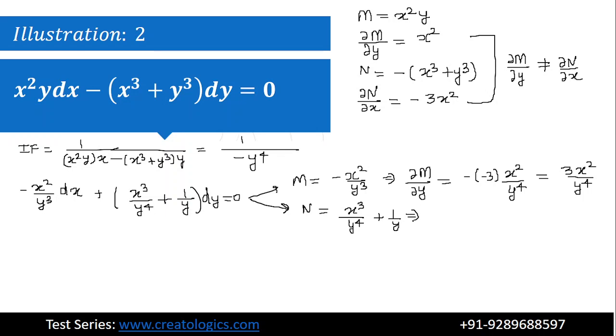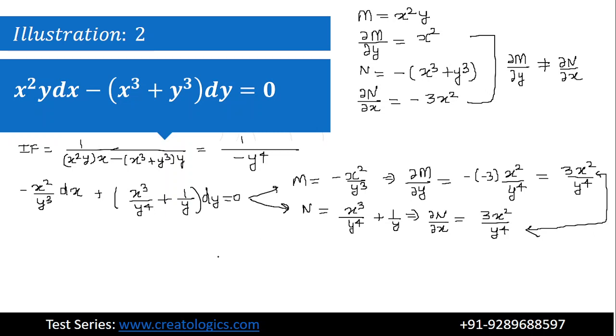Let's partially differentiate it with respect to x. So we get 3x square over y raised to the power 4. Yes, this time my partial derivatives are the same. It means your differential equation is now an exact differential equation.